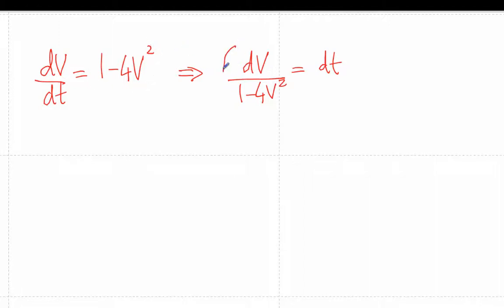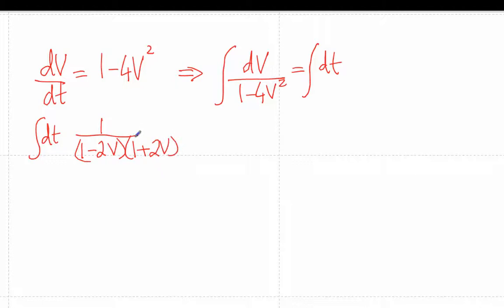And now let me integrate both sides. So I integrate this and I integrate that. So now what we have to do is work out the integrals. Now 1 over 1 minus 4v squared is 1 minus 2v into 1 plus 2v, and this has to equal integral dt.